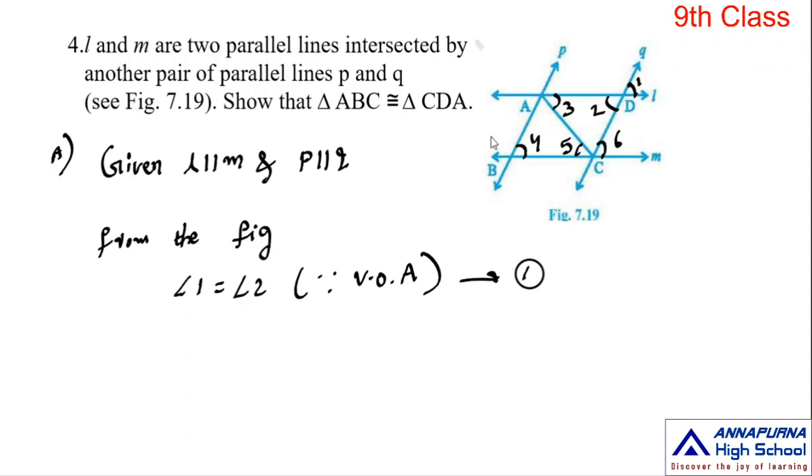Next, see the figure. L is parallel to M and Q is the transversal. Observe these two angles. Angle 1 is the exterior angle and angle 6 is the interior angle. So angle 1 and angle 6 are corresponding angles and equal.